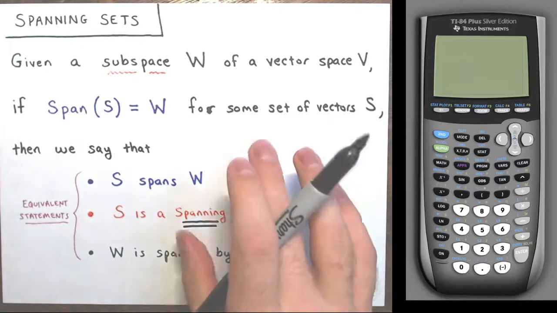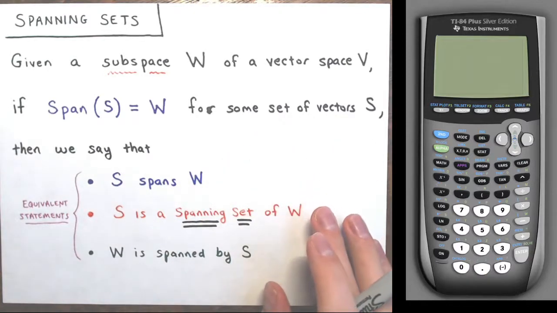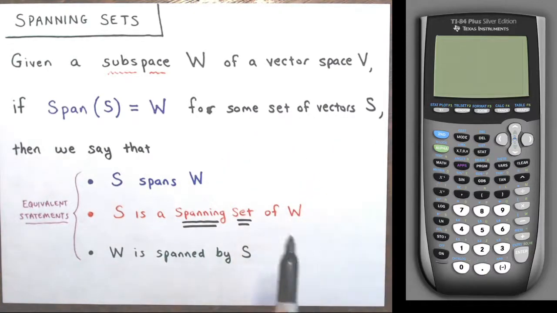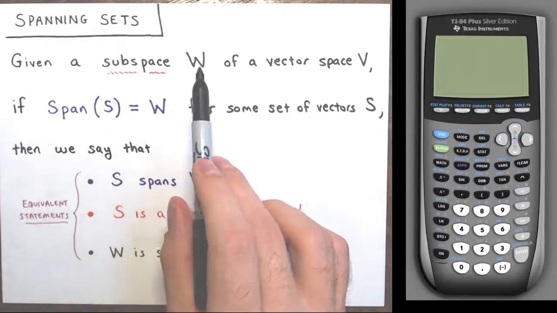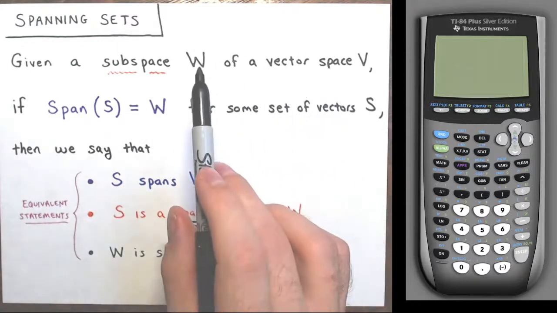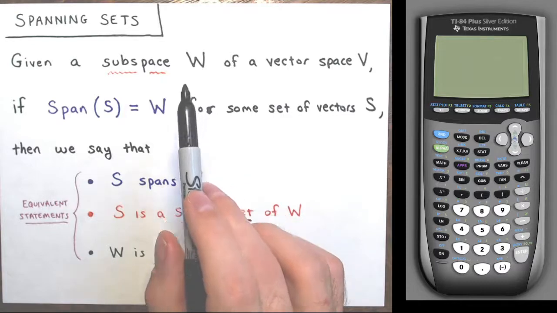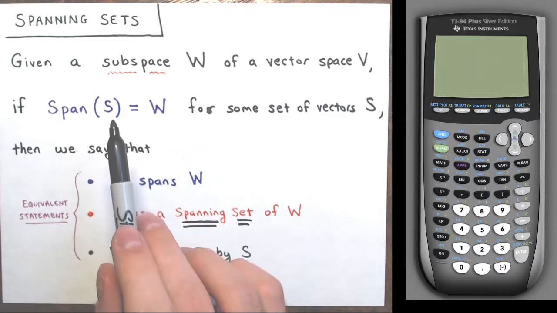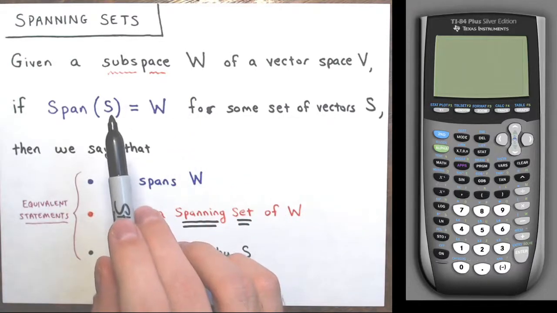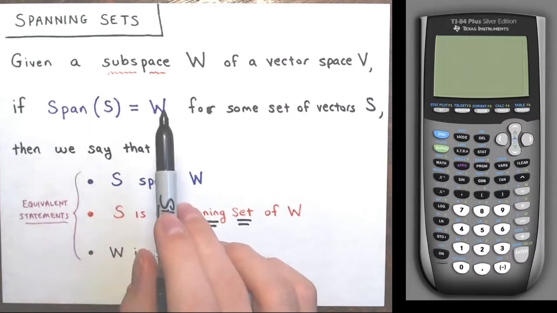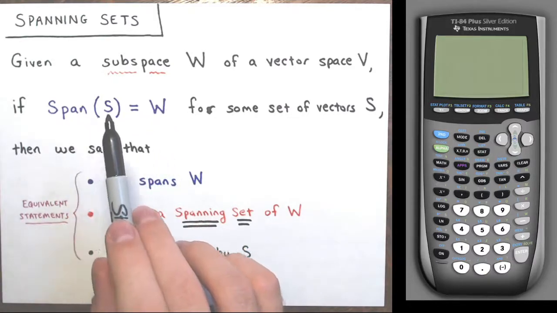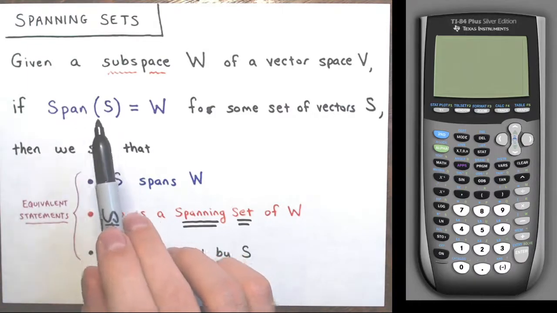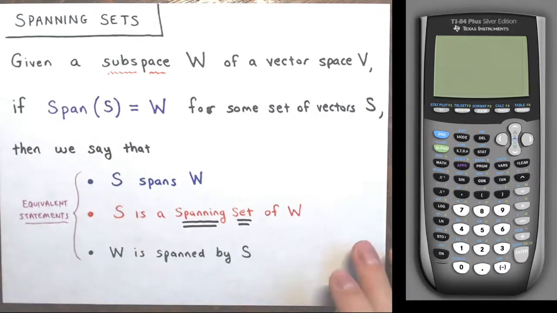So the rest of the video here is just me going over examples where I'm given a subspace of some vector space, and I'm going to call it W, and we're going to try to find a set S such that W is all linear combinations of those vectors in S, equal to the span of S.